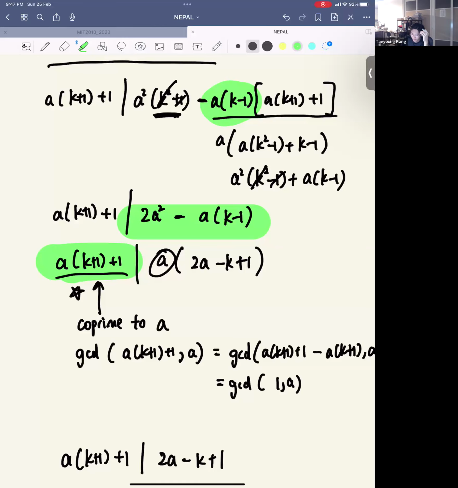So if I divide by a, the remainder is 1, and therefore the greatest common divisor between the two numbers is 1. And when you know that it doesn't share a factor with the divisor, you can always remove it from the expression because this must divide this term, excluding the a.